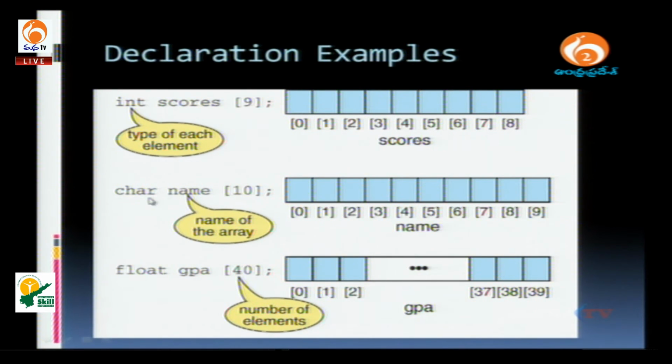String means a collection of characters that ends with a null character, the delimiter \0. Next, float GPA, where GPA is an array name of type float. This is a declaration of an array.